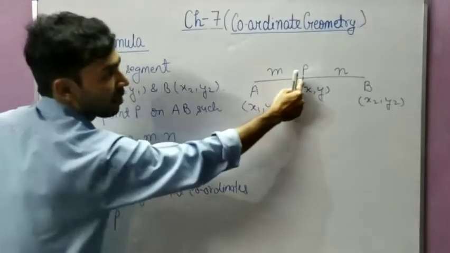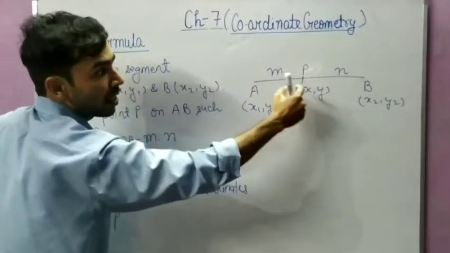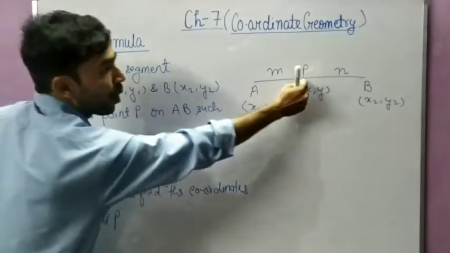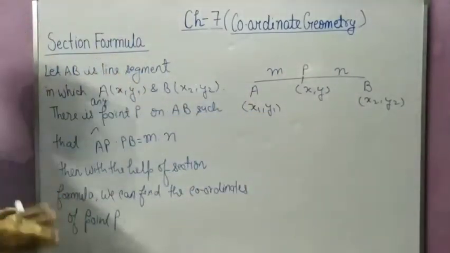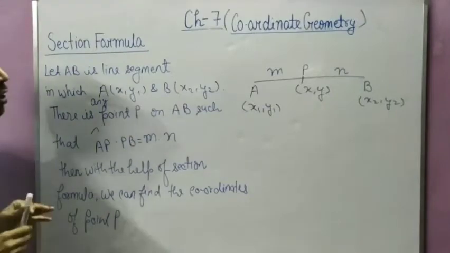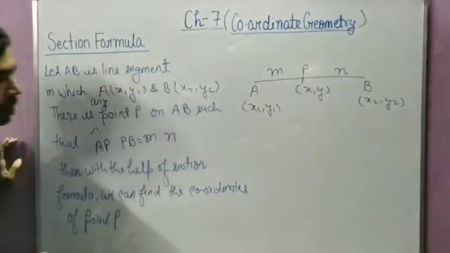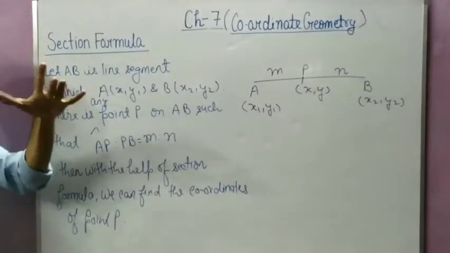It means this point divides the complete line segment in the ratio of m ratio n. So if this point is dividing this line, then with the help of the section formula, we can also find the coordinates of this point P. So that was the statement I have written here.